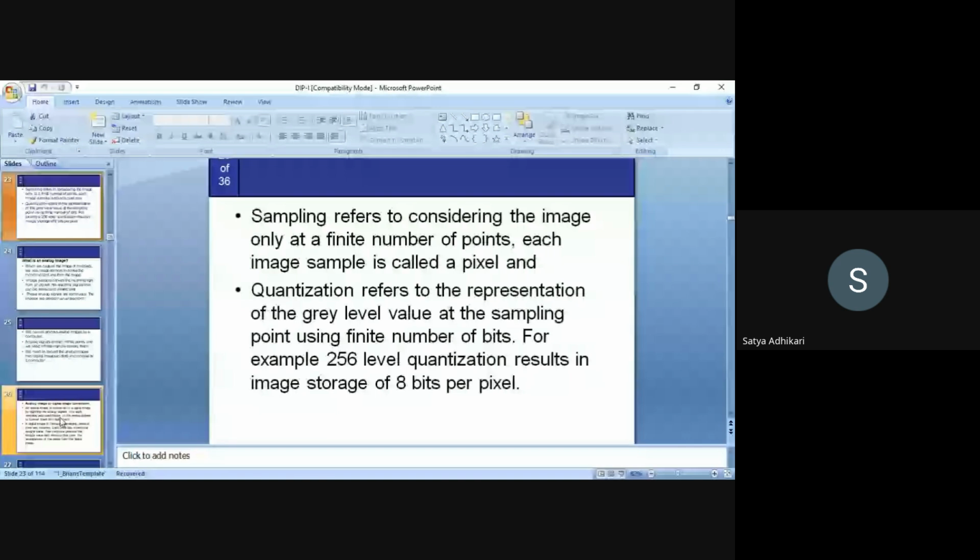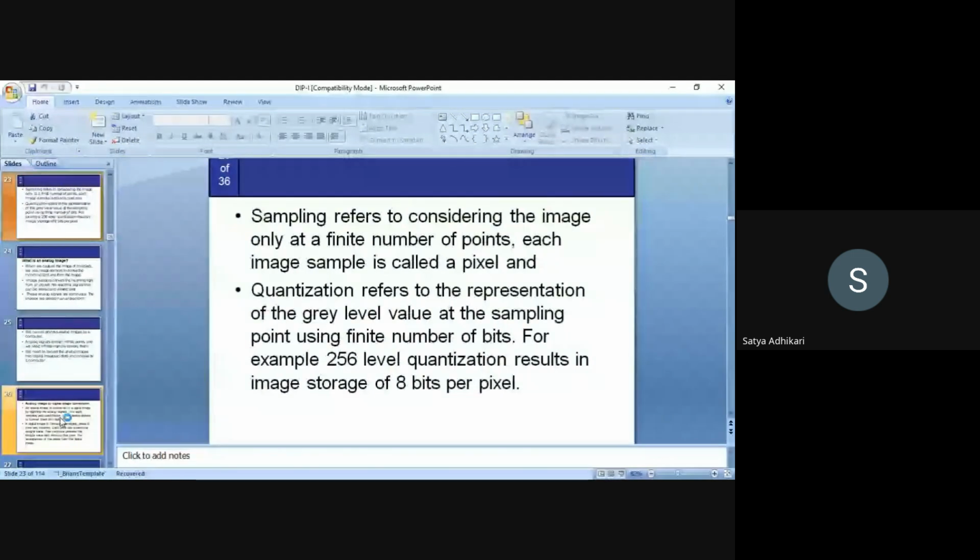Second, quantization is the other one, that is the gray level value f of x y. It refers to the representation of the gray level value, and this gray level value ranges from 0 to 255, where 0 stands for black color and 255 represents white color, and the values in between are combinations of black and white, some lighter, some darker. The pixel value closer to 0 is darker, the pixel value closer to 255 is lighter.